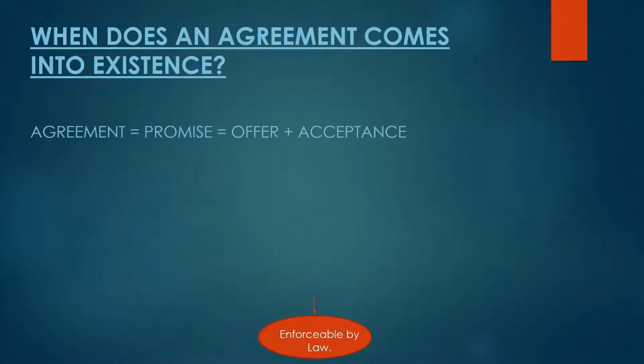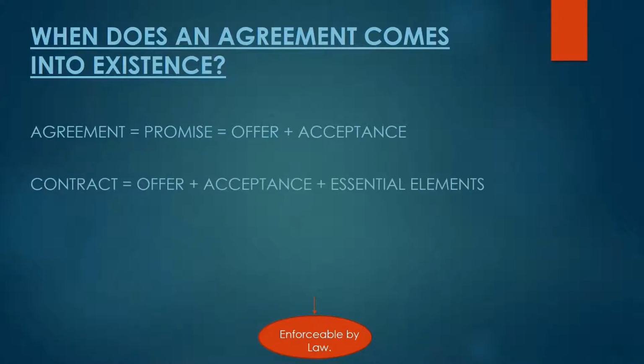Then what is contract? Since contract is also an agreement, it involves offer and acceptance, right? Now, apart from offer and acceptance, there must be legal enforceability. I told you a contract is an agreement enforceable by law, right? So we have an agreement, we have an offer and acceptance, but it also needs to be legally enforceable, right?